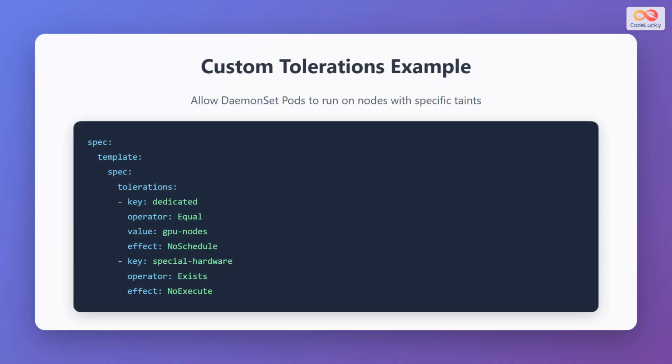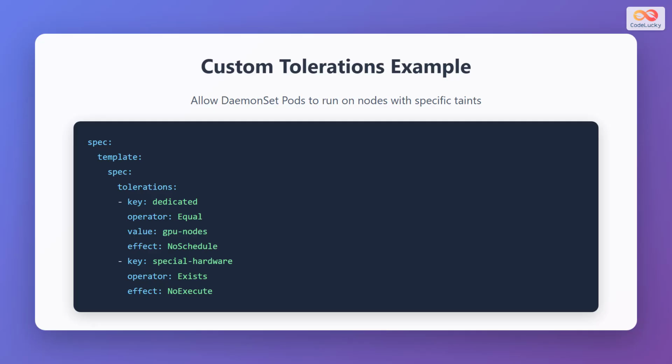Here's a practical example of adding custom tolerations to a DaemonSet. In this configuration, we define two tolerations. The first toleration uses the equal operator to match nodes tainted with dedicated equals GPU nodes and the no schedule effect. The second toleration uses the exists operator to match any node with the special hardware taint key, regardless of its value, with the no execute effect.